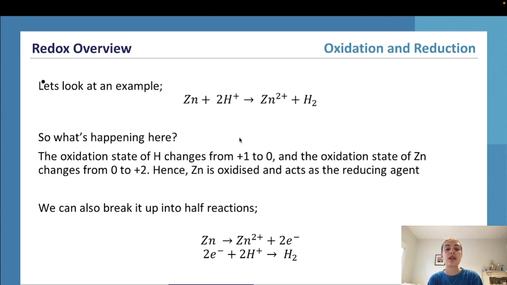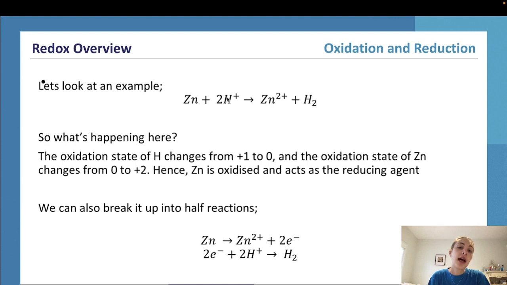So the oxidation state of zinc is going from 0 to 2+, so it's losing 2 electrons, and so it's being oxidized. What is being oxidized acts as a reducing agent. So zinc is oxidized, and zinc is the reducing agent.